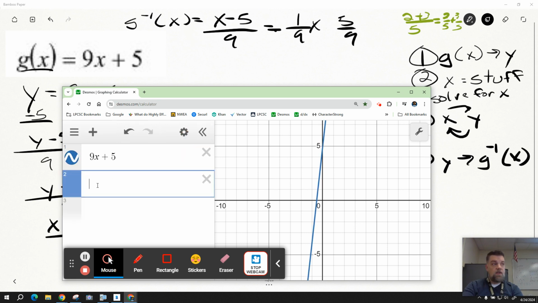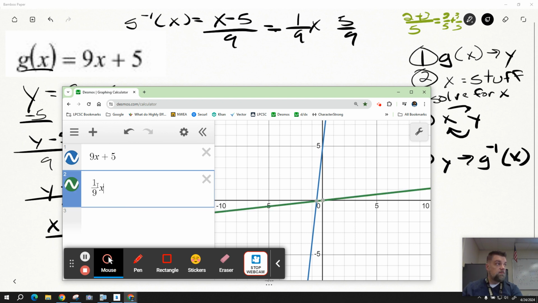And then the next one is 1 divided by 9x, and then minus 5 divided by 9. And that's basically it.